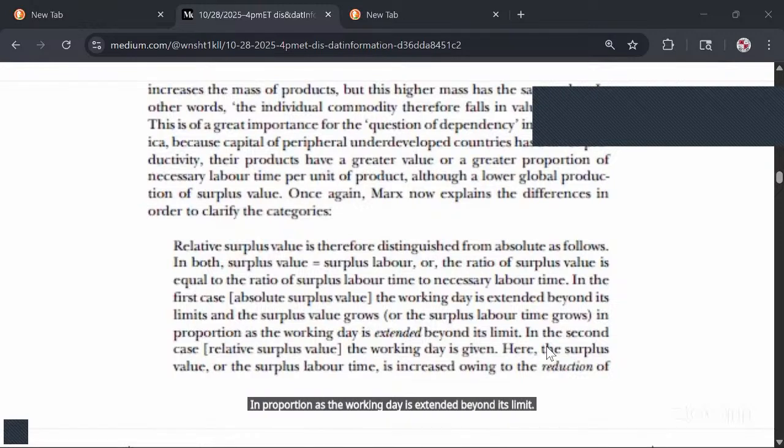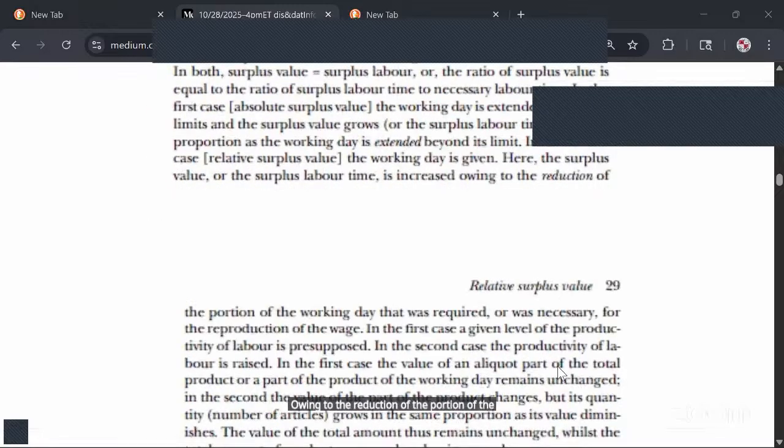In the second case, that is relative surplus value, the working day is given. Here, the surplus value, or the surplus labor time, is increased owing to the reduction of the portion of the working day that was necessary for the reproduction of the wage. The wage is the same in that sense, right?